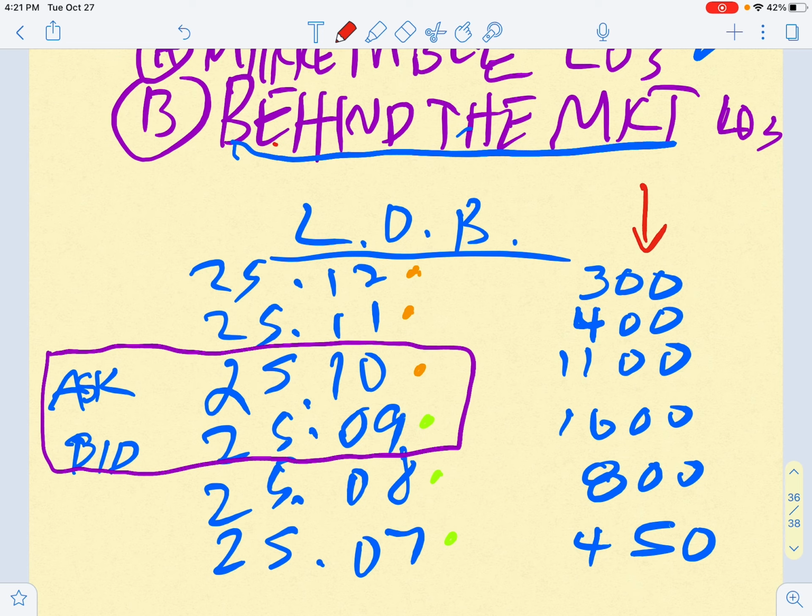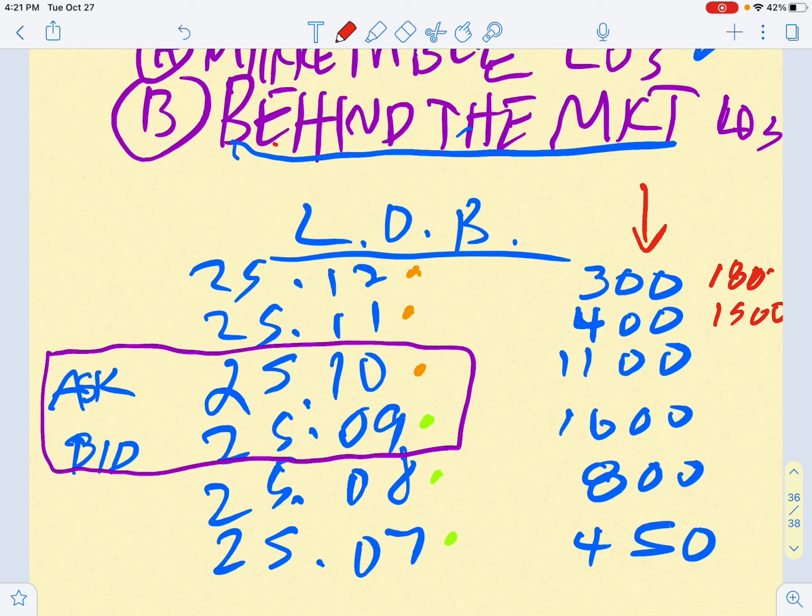So at 25.11, the cumulative size would be 1,500, 1,100 plus 400. And then anybody who's willing to sell at 25.10 and 25.11 is also willing to sell at 25.12, and so that means cumulative size here would be 1,800.